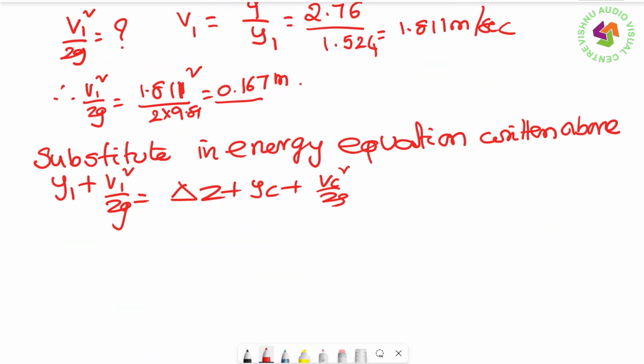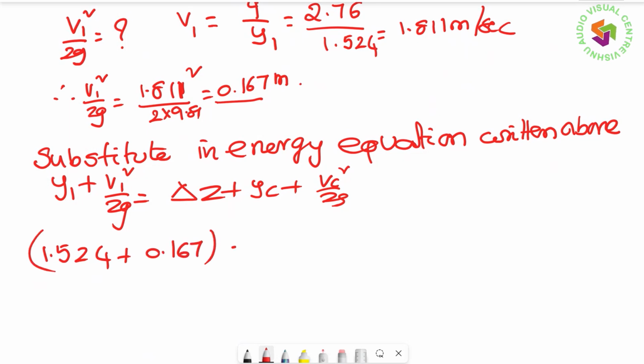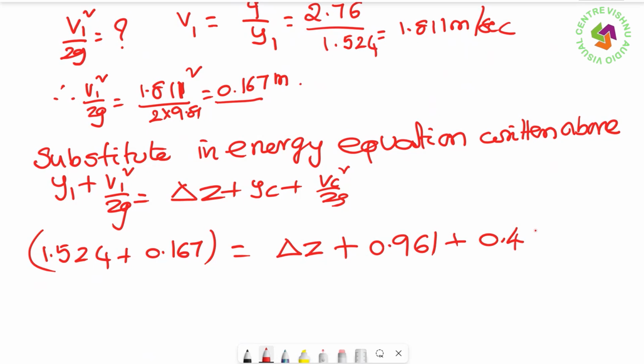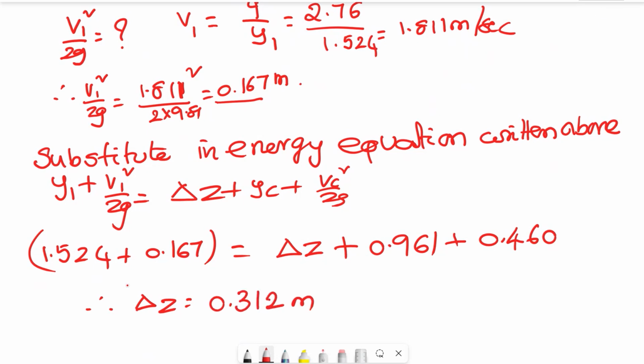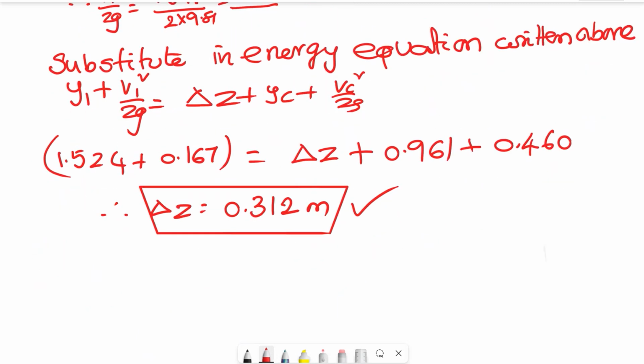So if I put 1.524 plus 0.167, this is on the left hand side. Delta z is unknown. This is 0.919 plus vc squared by 2g is 0.460. Therefore, delta z is equal to how much actually? 0.312 meters. This is the answer.